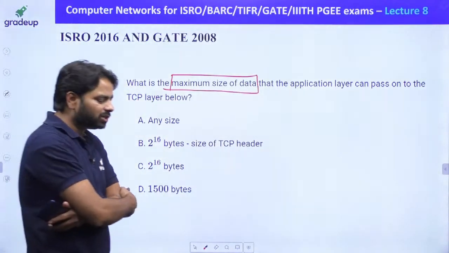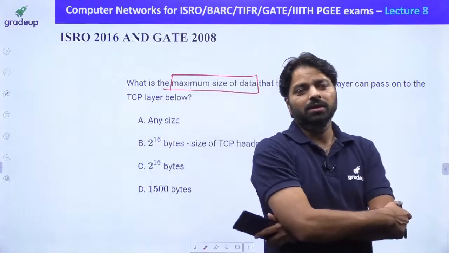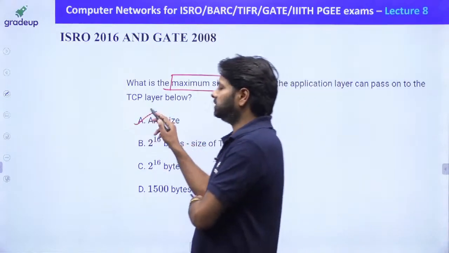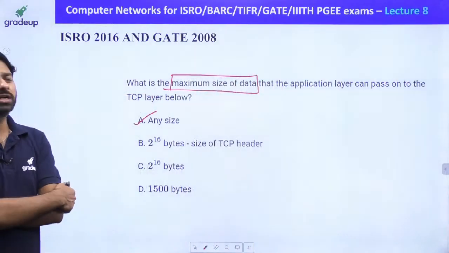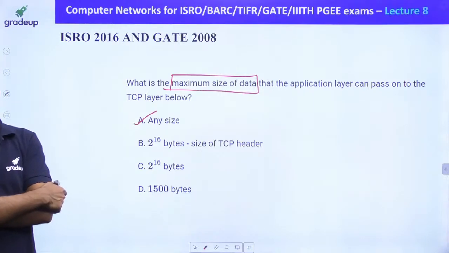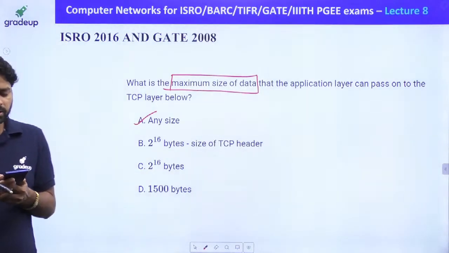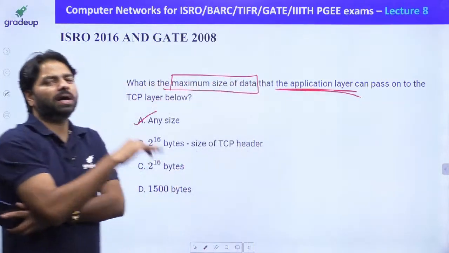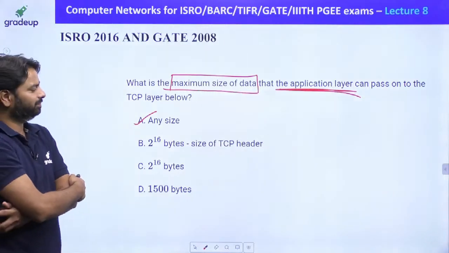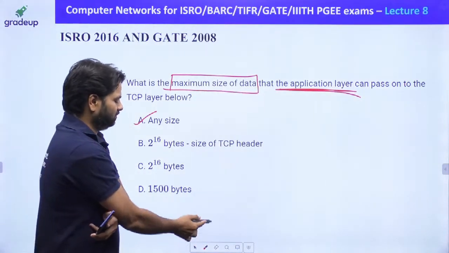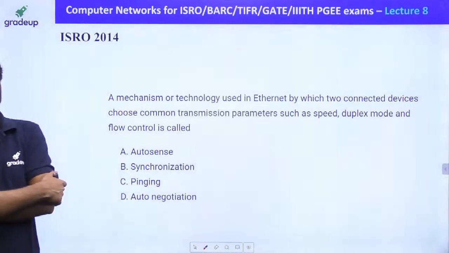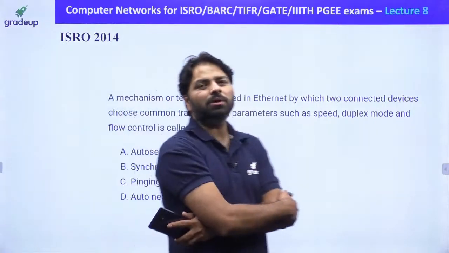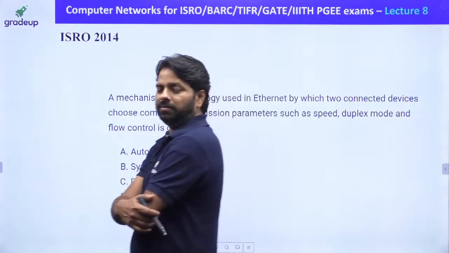There is no restriction for the application layer, guys. Remember that point. Any size you can pass. It's about the application layer, not about the transport layer. It has no restriction to pass to the TCP layer.